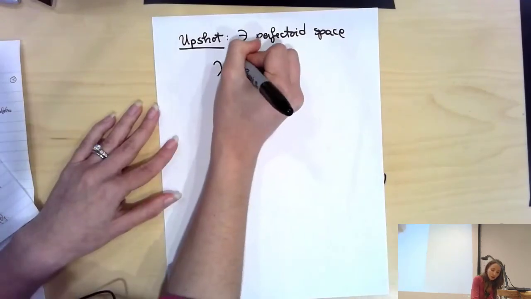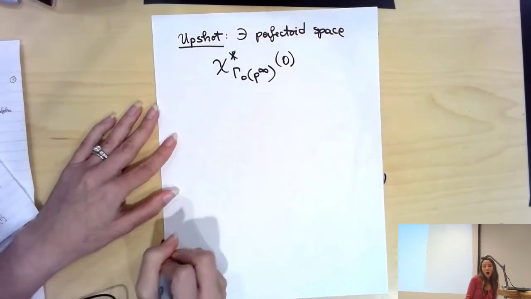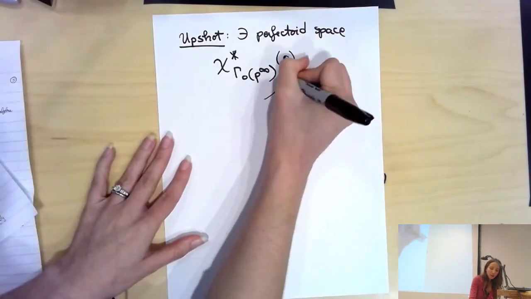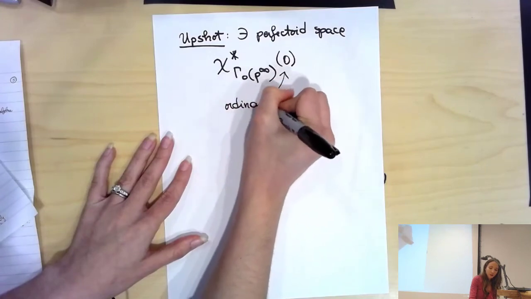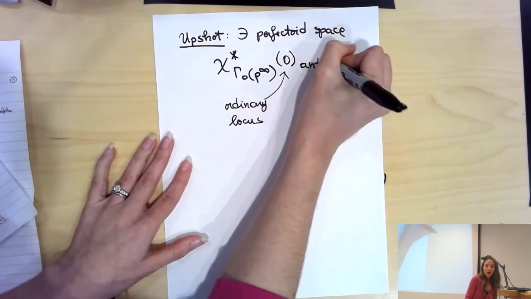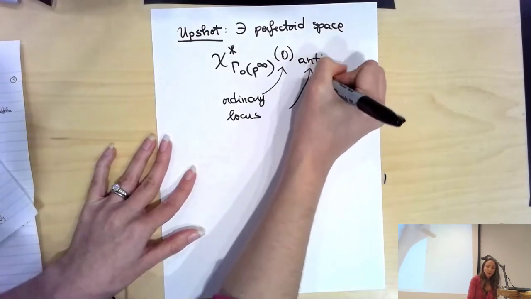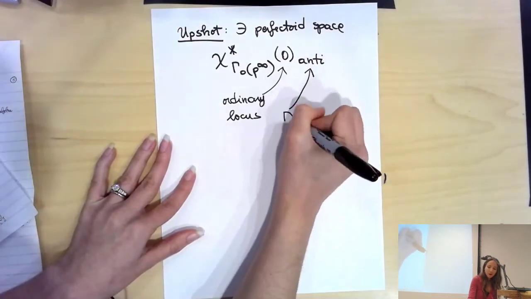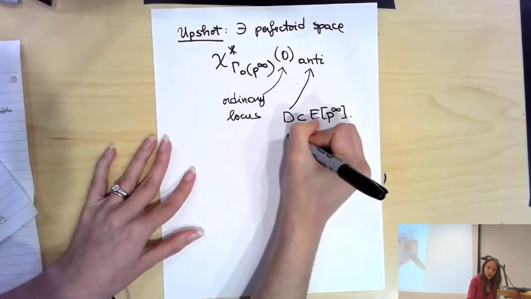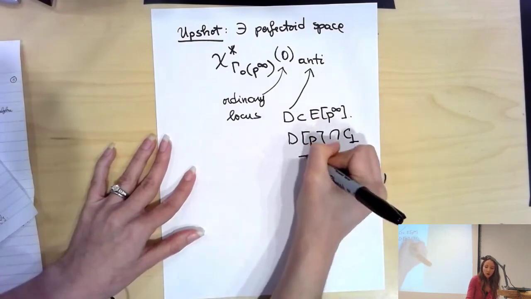So this is going to be X star gamma naught p infinity. It's just going to be the ordinary part at level gamma naught p infinity. We're taking the ordinary locus. But then on the ordinary locus, we're also taking an anti-canonical part. So the anti-canonical part corresponds to a subgroup, say D inside E[p infinity], but you just want the p torsion in D intersect C1 to be equal to 0.